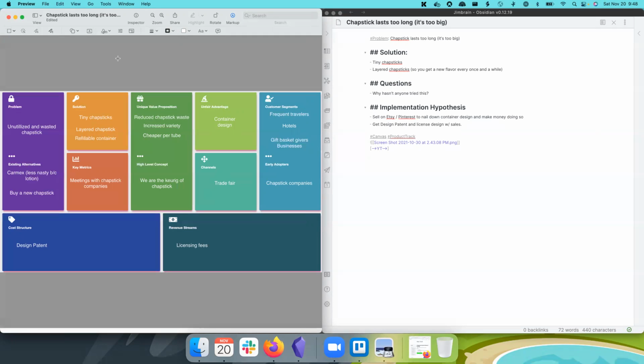Channels. Customer segments. Cost structure. Revenue streams.